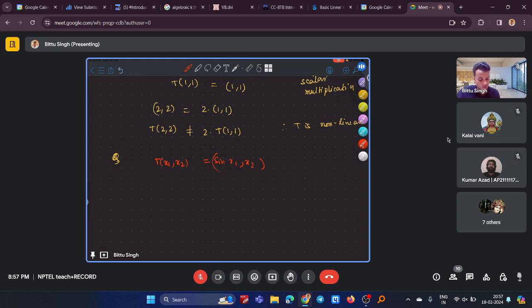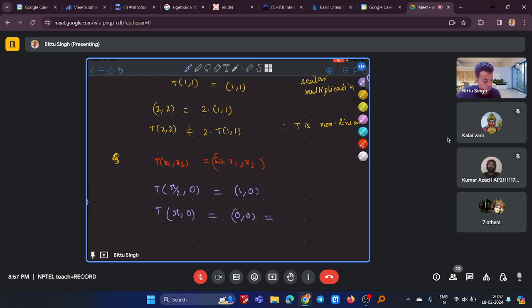Hence, it is again nonlinear, because if you check T of pi by 2 comma 0, this is sin pi by 2, which is 1 comma 0, and T of pi comma 0, sin pi means 0, so 0 0.